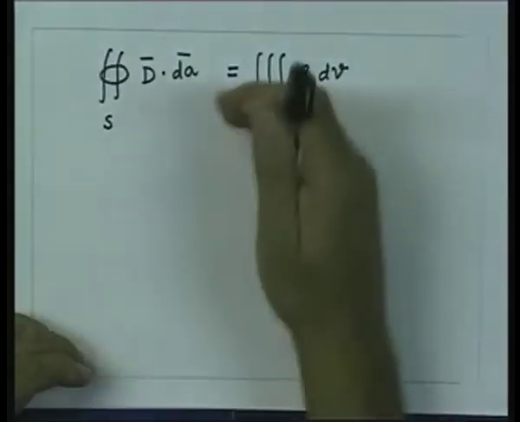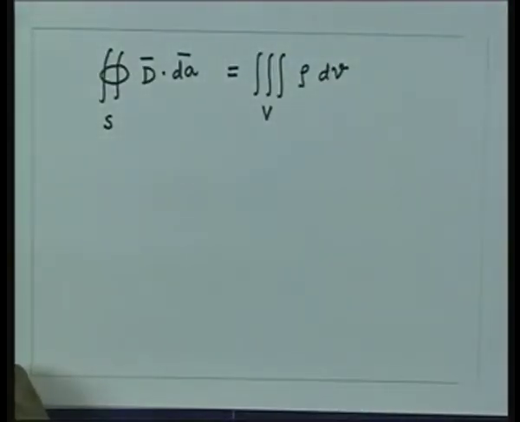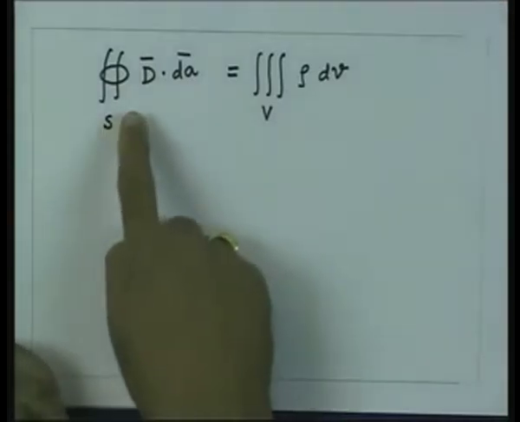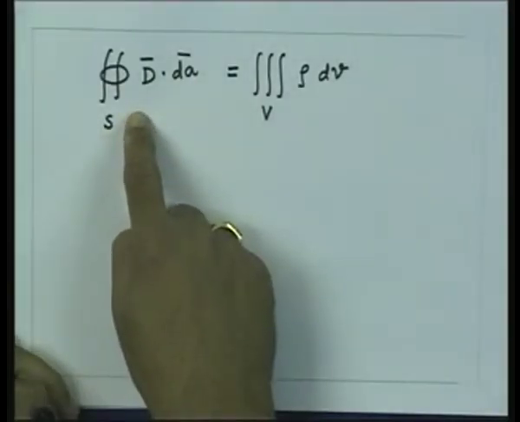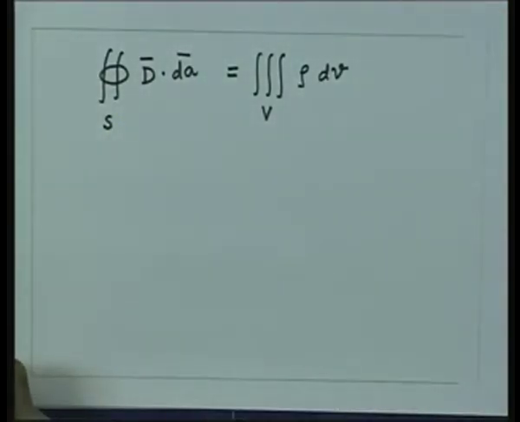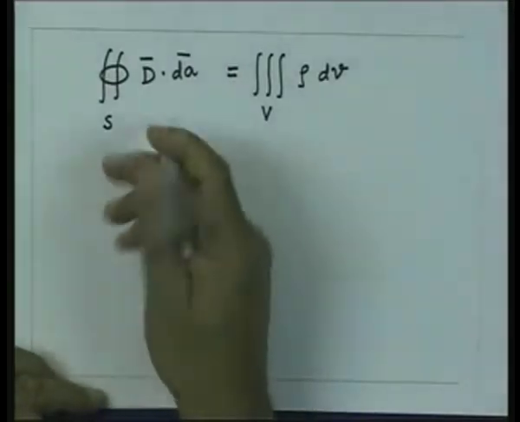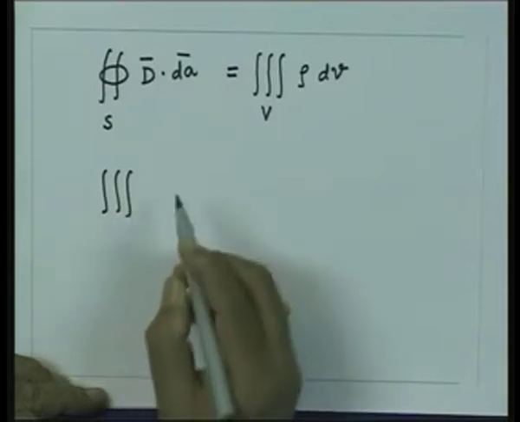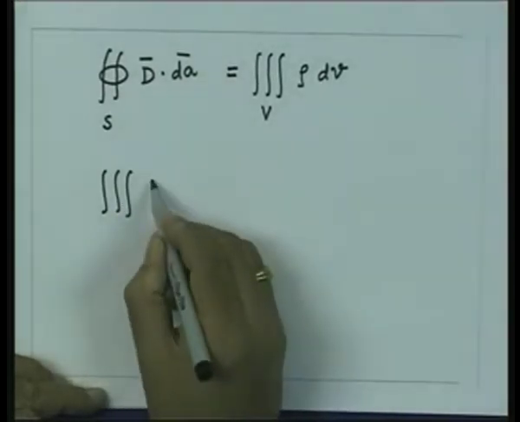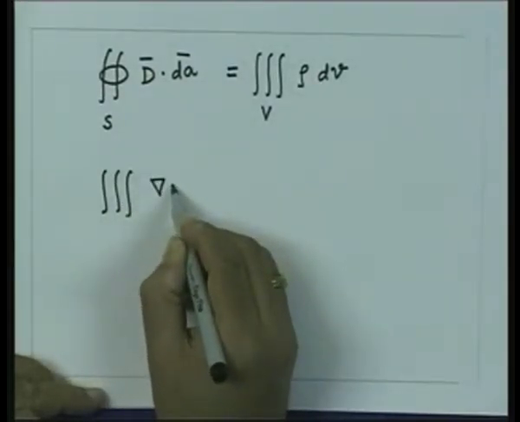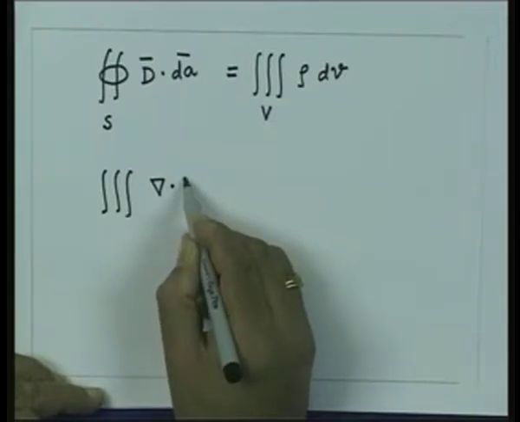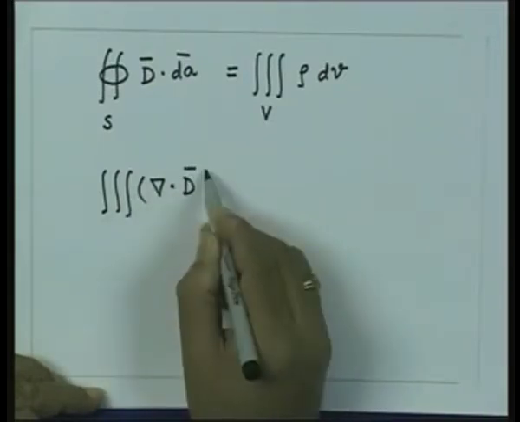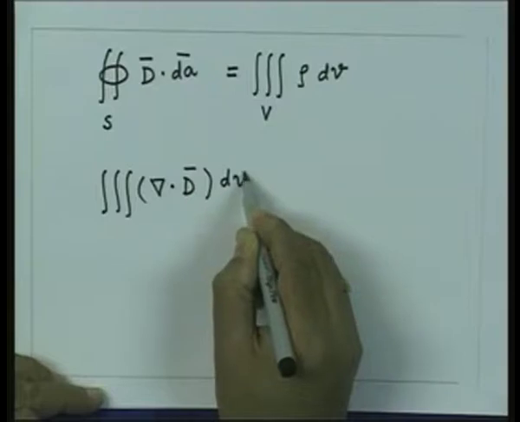Once I get that, then I can apply the divergence theorem to this Gauss law statement and convert this surface integral to a volume integral. As you have seen from the divergence theorem, this can also be written as the triple integral over the volume of del dot D, integrated over the volume.